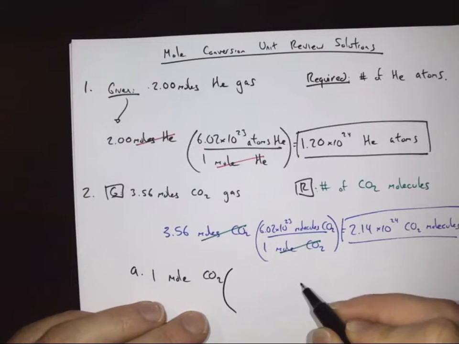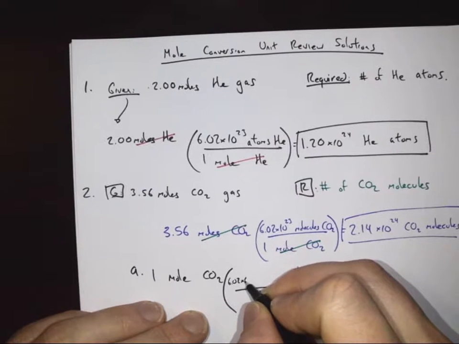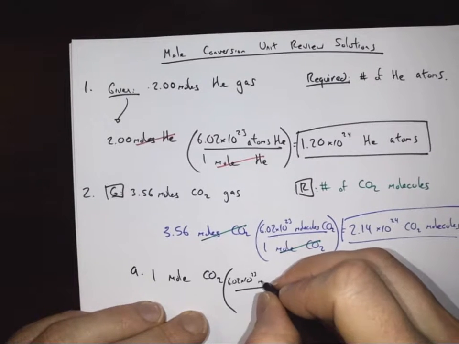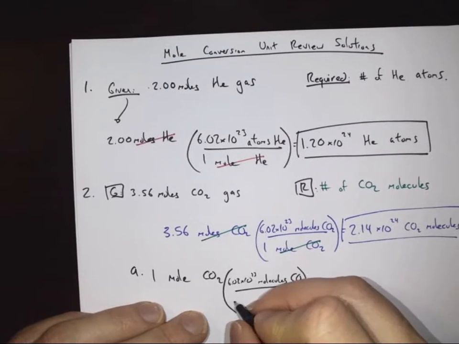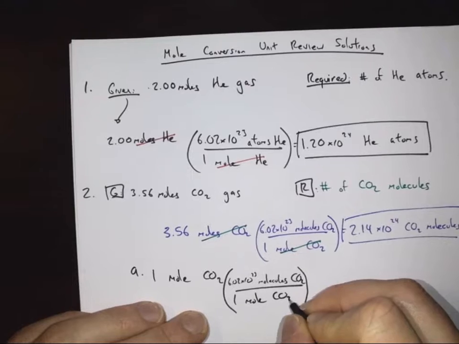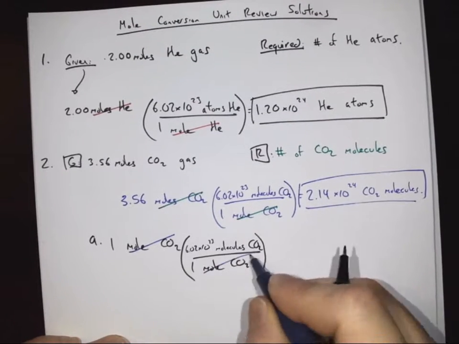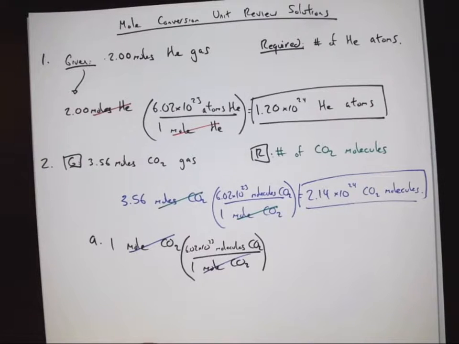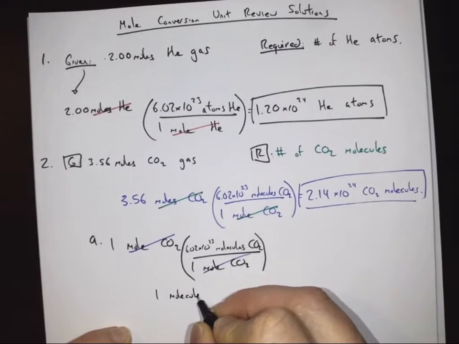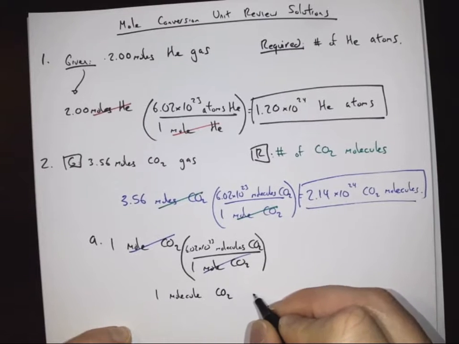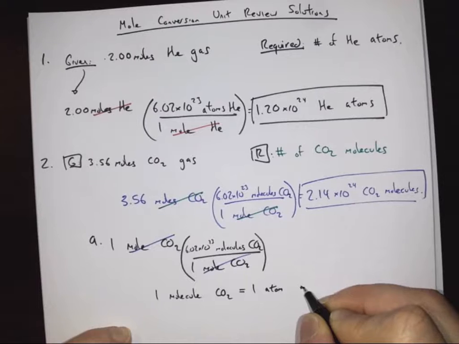So we're going to use the same conversion factor we used in the last 2 questions. 6.02 times 10 to the 23 molecules CO2 over 1 mole CO2. And again, we get those units to cancel out diagonally there. We've got molecules now. And we know 1 molecule of carbon dioxide gives us 1 atom of carbon.